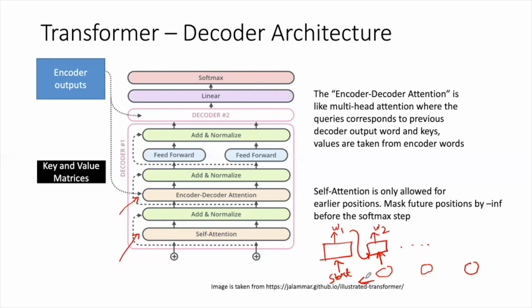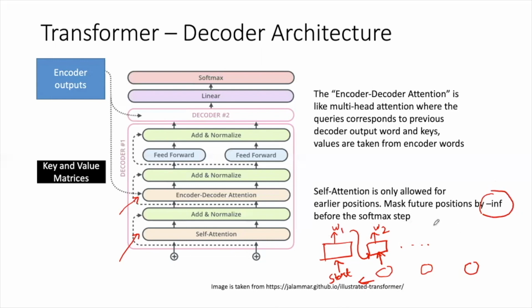So that's one aspect in which the self-attention in the decoder is different from what we have seen in the encoder. To ensure that we don't calculate the scores for the future words, we have a process called masking of future words, where we assign a score value of -infinity to all the future words.